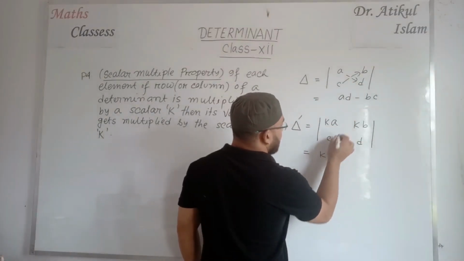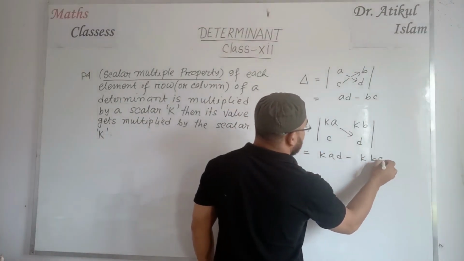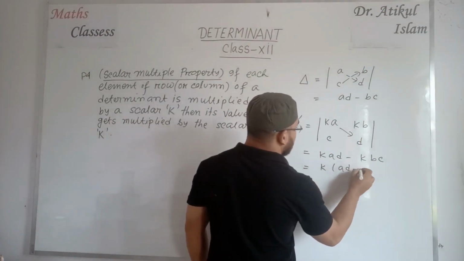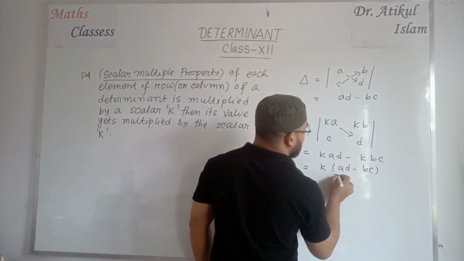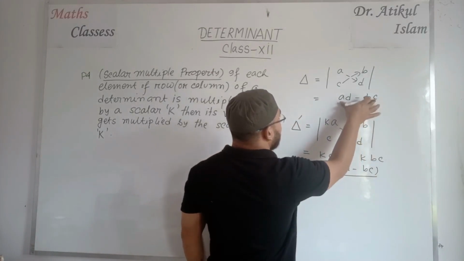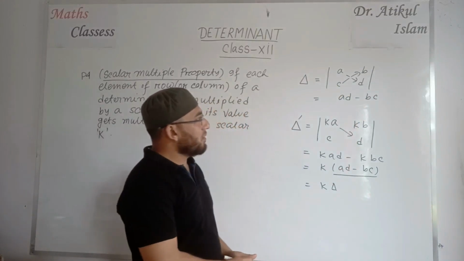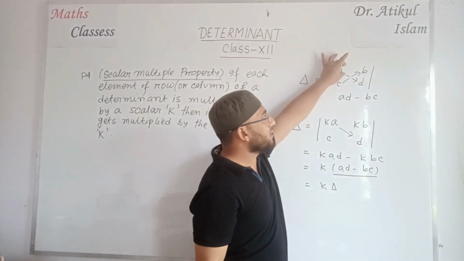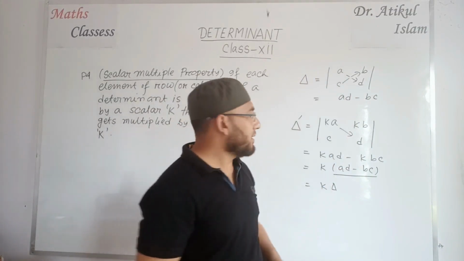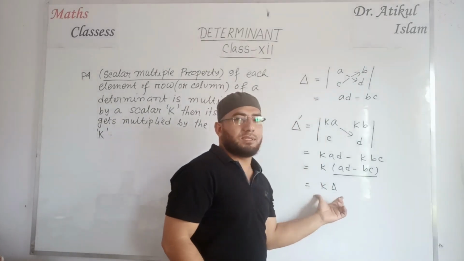So here will be kad minus kbc, equal to, taking k common, k times (ad minus bc). So this is equal to k times delta. So that means whenever you multiply any row or column of a determinant by some scalar, the value of the original determinant is multiplied by k times.